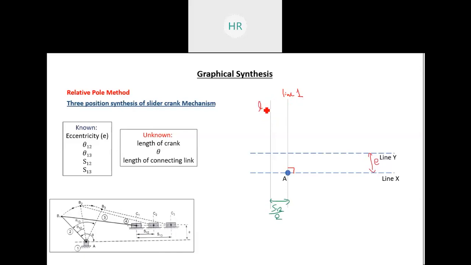Okay, so this is line 2. So we have drawn line 2 at a distance S12 by 2. So we utilize this data S12 by 2. Now from line 1 we'll draw a line at an angle theta 12 by 2. So these two lines are intersecting at some point, and that point is actually pole point P12.